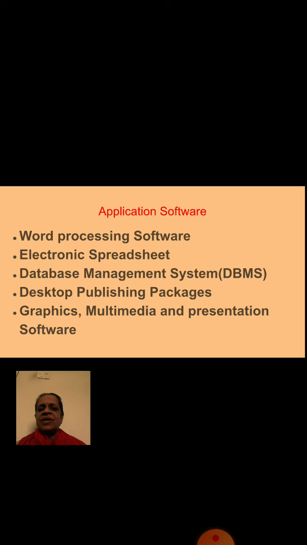Word processing software, as I mentioned, is MS Word; electronic spreadsheet is MS Excel; database management system, called DBMS; desktop publishing packages; and packages meant for graphics, multimedia and presentation work.